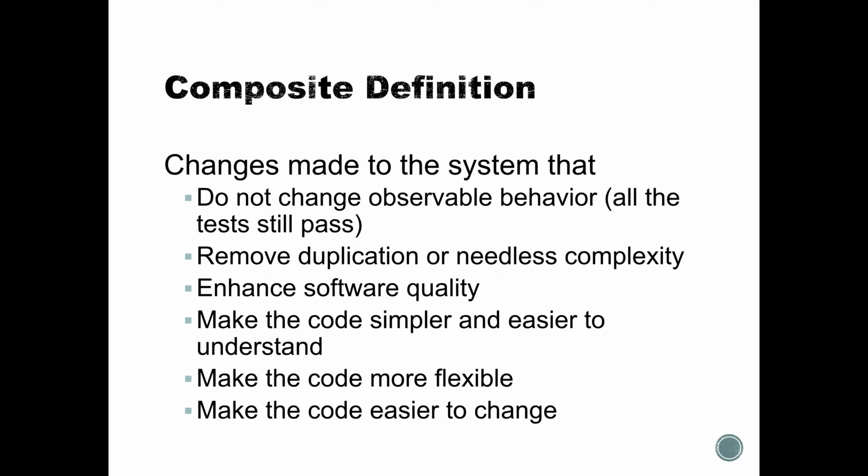However, those changes are not observable behavior, and observable behavior means all the tests do not change. It means if there is a certain feature in your system, we should not change that particular feature. The software should provide that feature, and of course the testing should pass once the changes have been done.